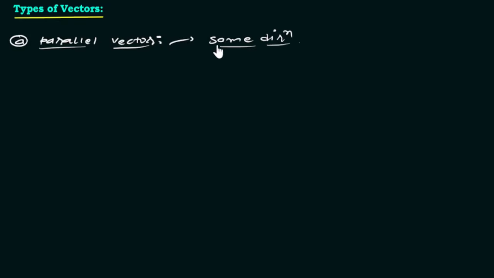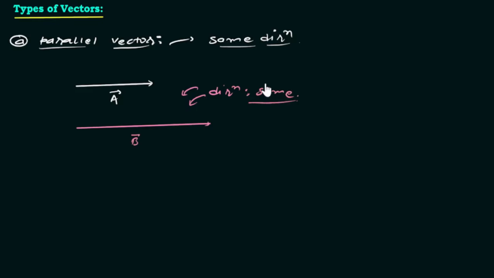If I have two vectors, one is vector A, and the second is vector B, both have different magnitudes. That doesn't matter, but the directions of both vectors are the same. That's why such vectors are known as parallel vectors.